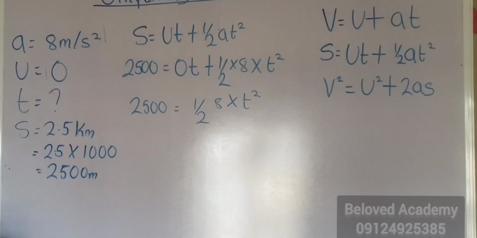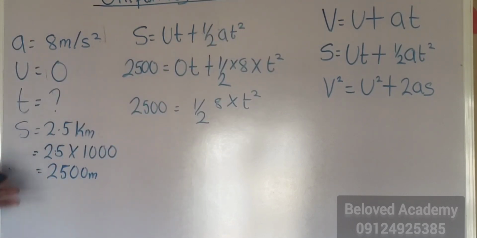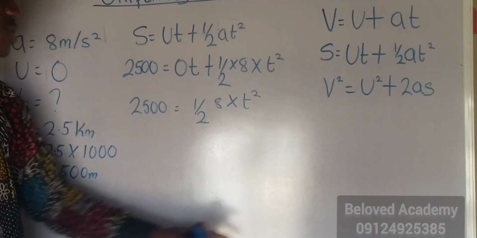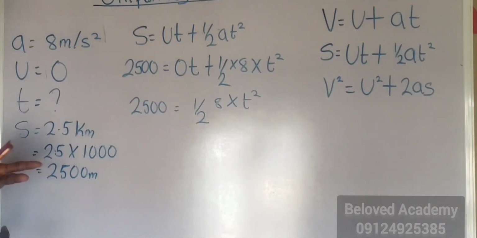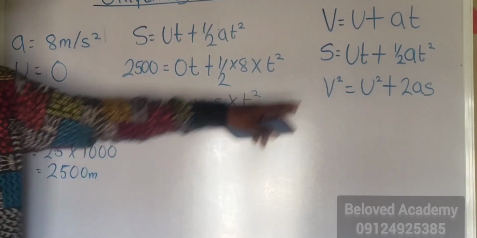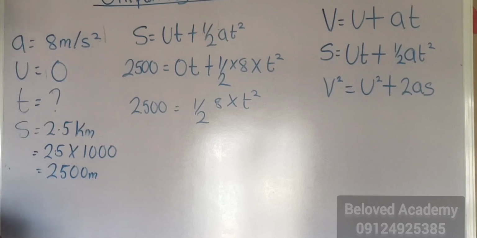But I cannot make use of this equation because I don't know the final velocity. So the parameters that I'm given tell me which of these equations I am going to use. I see the equation of motion that is suited to these parameters is the second one. So I make use of the second one to calculate the time. Okay? So pay attention. Now let's proceed.